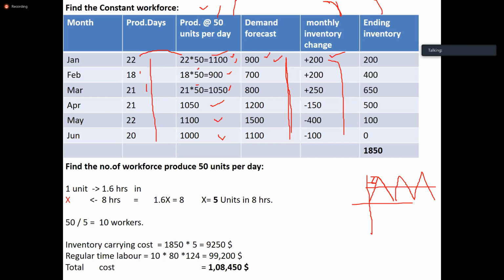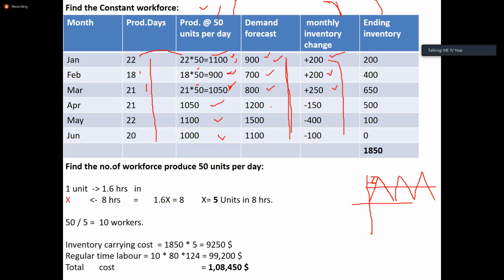Similarly, my demand is 700, but I am producing 900, so this excess 200 I am writing here. Similarly, my demand is 800, I am producing 1050, so the excess 250 is inventory. It is a positive sign, that's why.